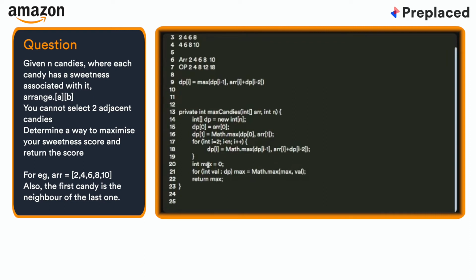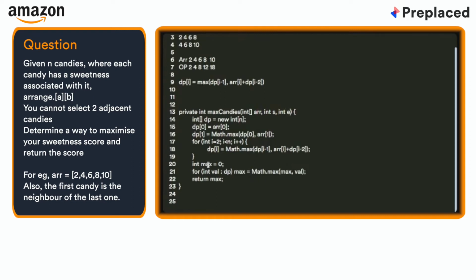Okay, so I will be returning max. I can repeat this whole process twice, but I would like to do it in a more optimized way. So I'll just say start and end.